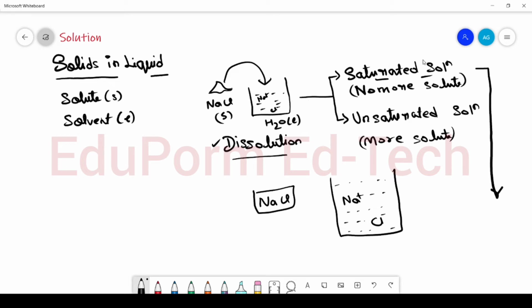So when we are taking the case of saturated solution, the saturated solution will have Na+ ions and Cl- ions present in it.